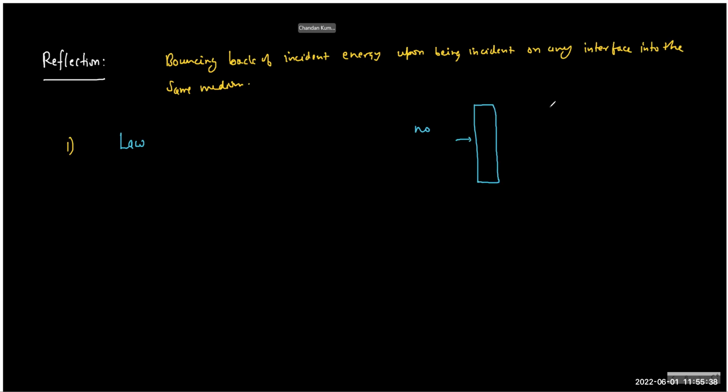And when I say interface, there are two media. One ends and the other begins, but we cannot differentiate where one ends exactly and the other begins. This is called interface. So interface is always to separate the two media, and surface is only meant for one medium.